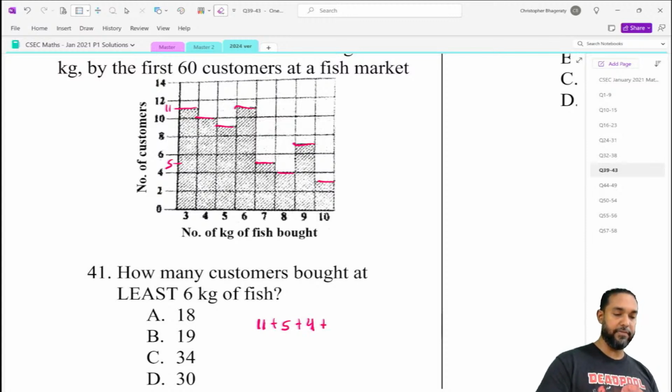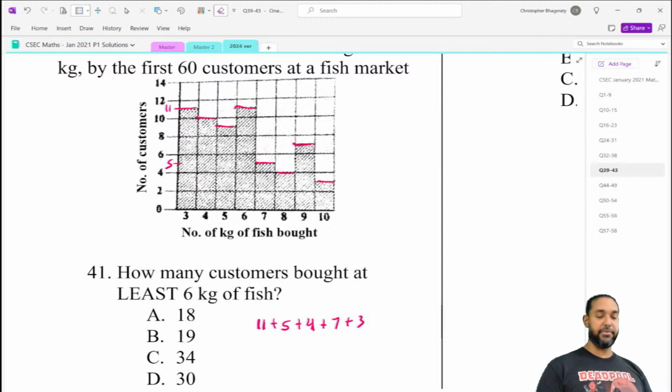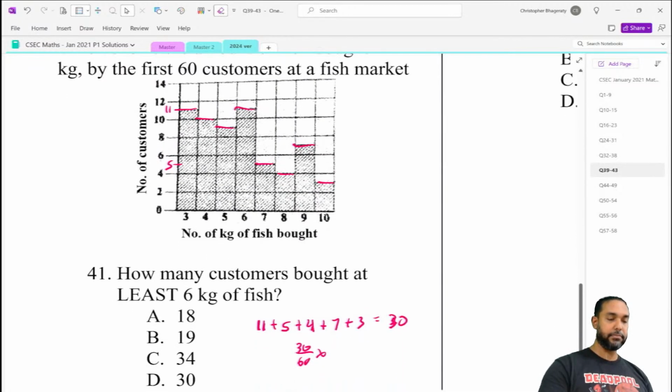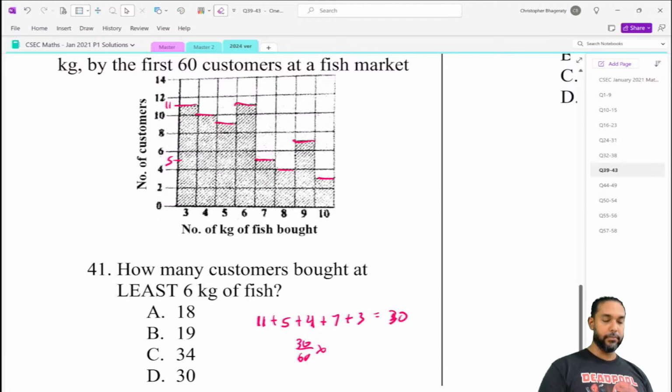So 11, 5, 4, 7, and then 3. 7 and 3 is 10, 5 and 4 is 9, 9 and 11 is 20, 20 and 10 is 30. So we have 30 over 60, which is half. And that's multiplied by what? Oh, D. Sorry, I thought they were asking for probability. For some reason I was going to probability. Wait, no, hold on. We're done there.